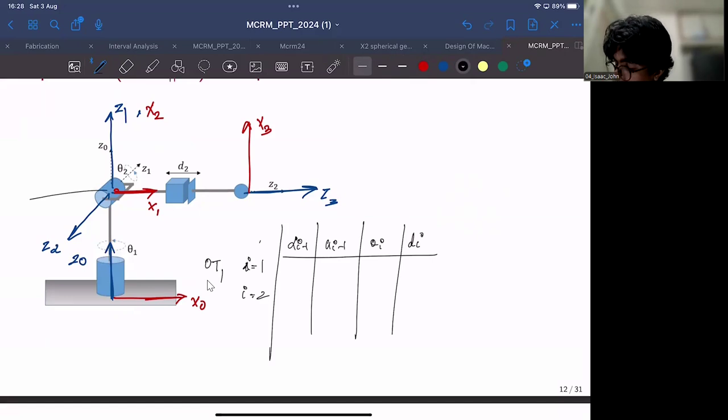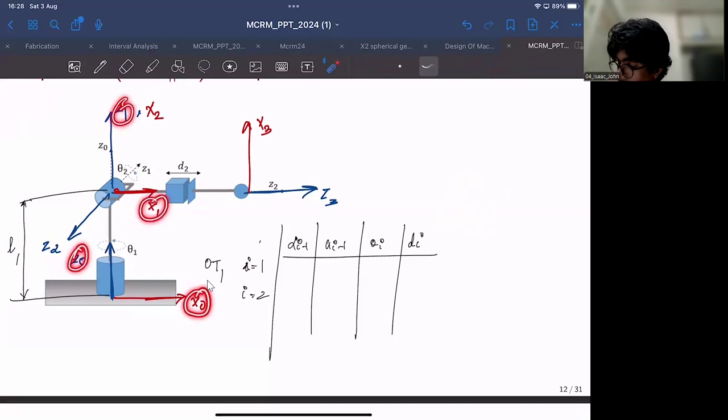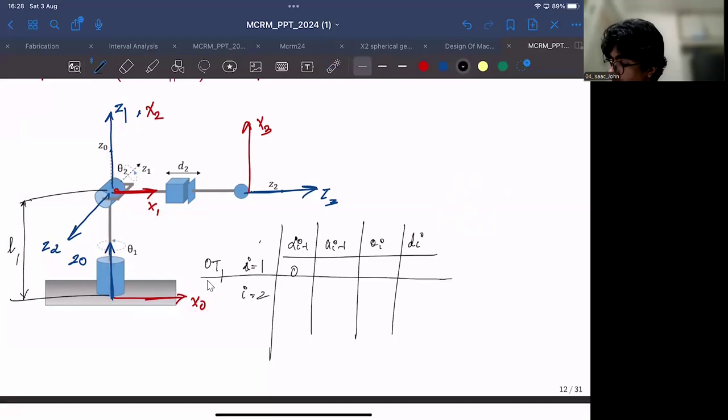If I label this distance as L1, what is the transformation between the 0th frame and the first frame? The first would be rotation about the X0 axis, so that Z0 and Z1 can be aligned. That is 0 because they are already aligned. Now, what about translation along X0? That is also 0, because there is 0 offset along X0.